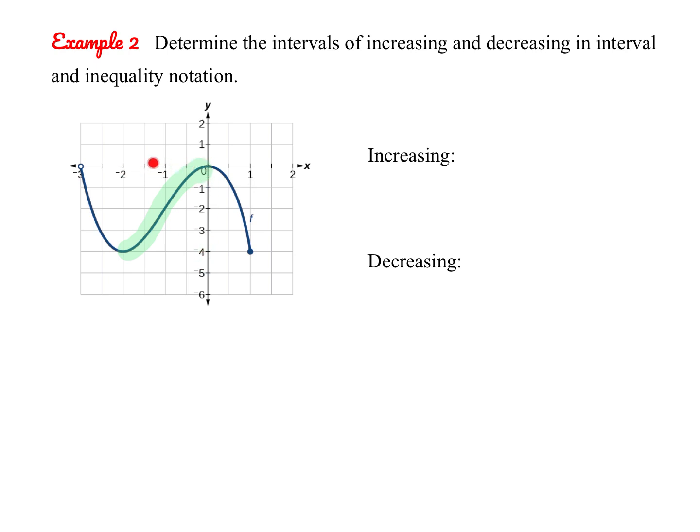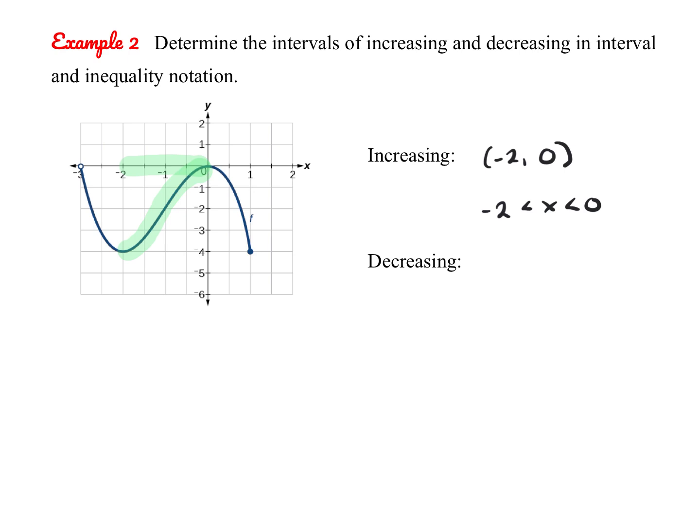We always describe this in terms of the x values. So I see that that's happening from -2 to 0. Okay, that's where my graph is increasing from x equals -2, and again, I'm not going to include the turning points, to 0. And with inequality notation, that'd be -2 is less than x is less than 0.